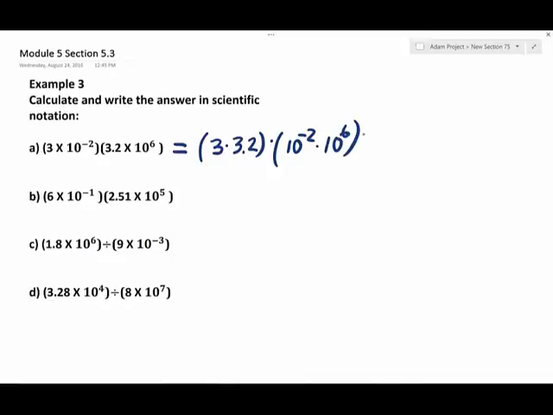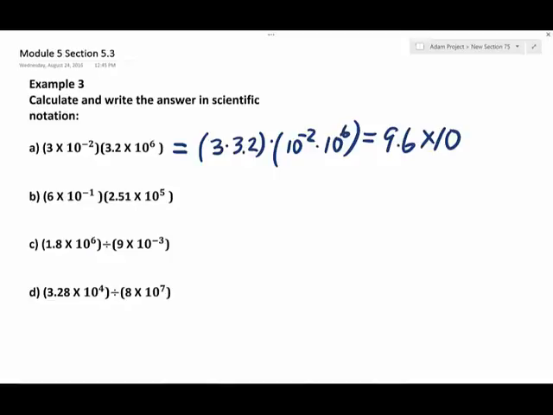So now for the number part, 3 times 3.2, which is 9.6. So 9.6 is between 1 and 10, which is great. Then let's take a look at the exponents part. So for 10 to the negative 2 and 10 to the 6, the bases are the same, which is 10.